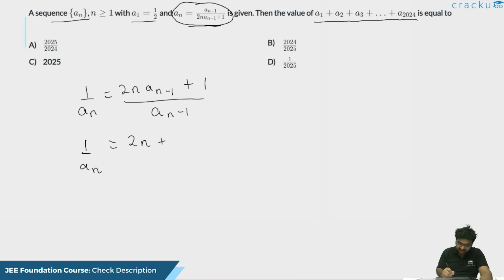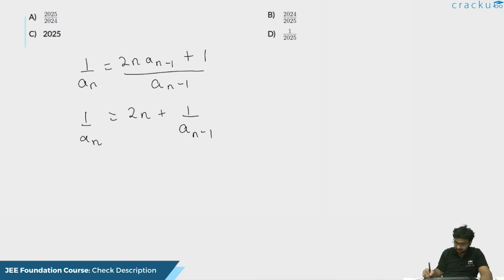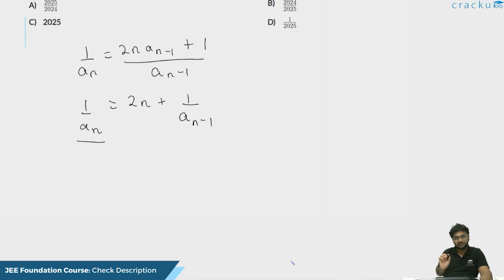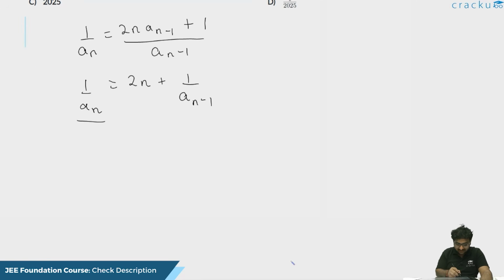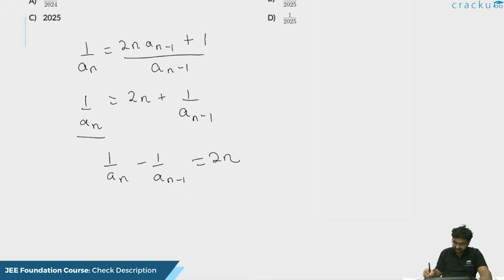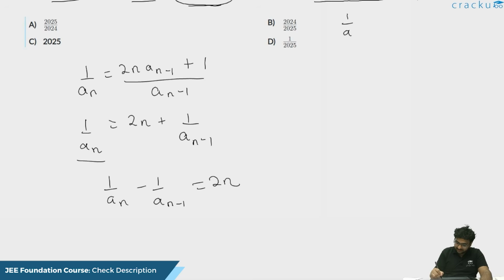So 2n plus 1 upon n times an minus 1. Okay. So this is basically 1 by an minus 1 by an minus 1 is equal to 2n. Now what we can do is, let us replace 1 by an is equal to bn.